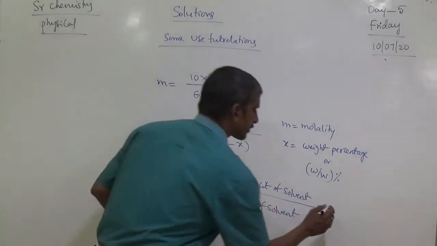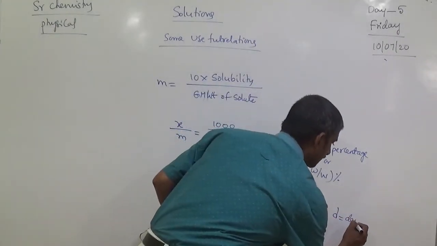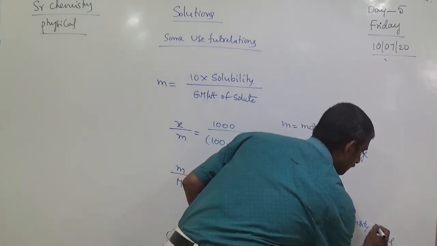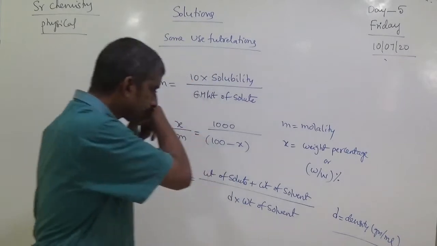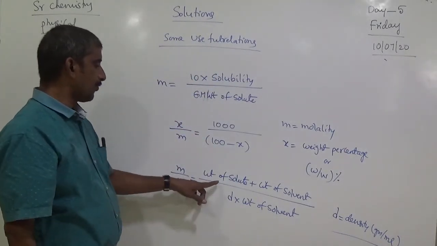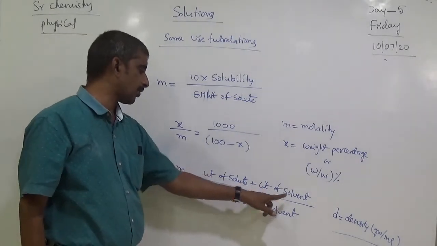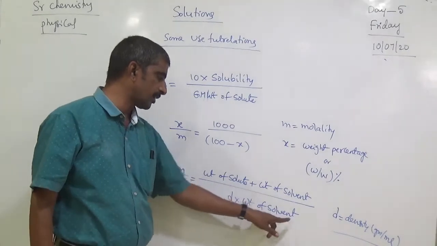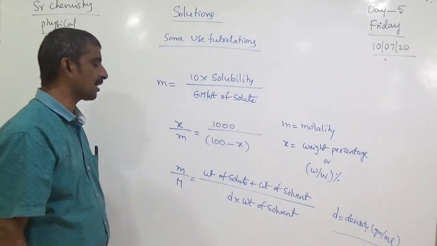Here d means density, and density means grams per ml.